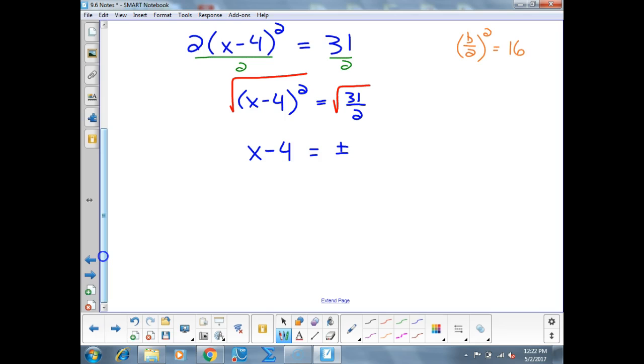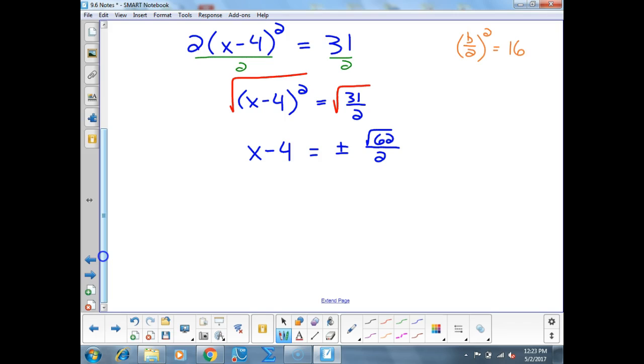Right side, what is the square root of 31 halves? Square root of 62 over 2. Trust me.